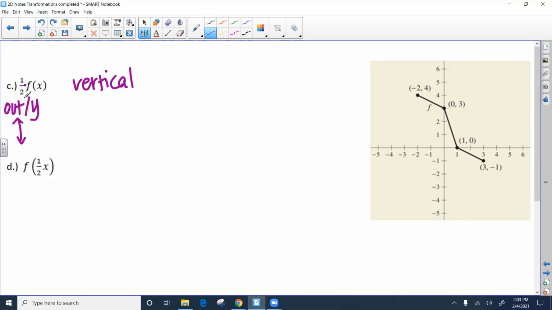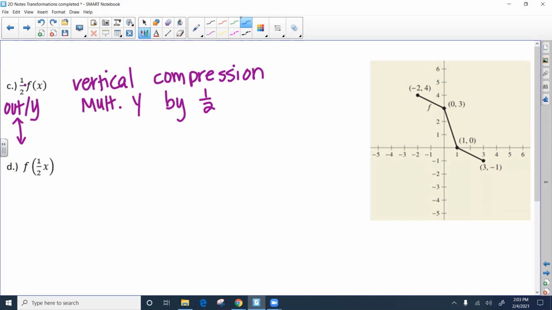Remember, when something's on the outside, we're just going to do the operation that we see, which in this case is multiply y by a half. If we multiply y by a half, that's going to make the y values smaller. So this one is going to end up being a vertical compression. We're going to multiply y by a half.